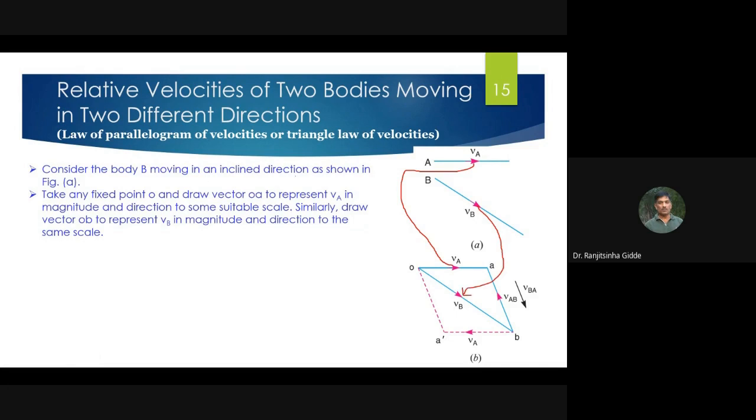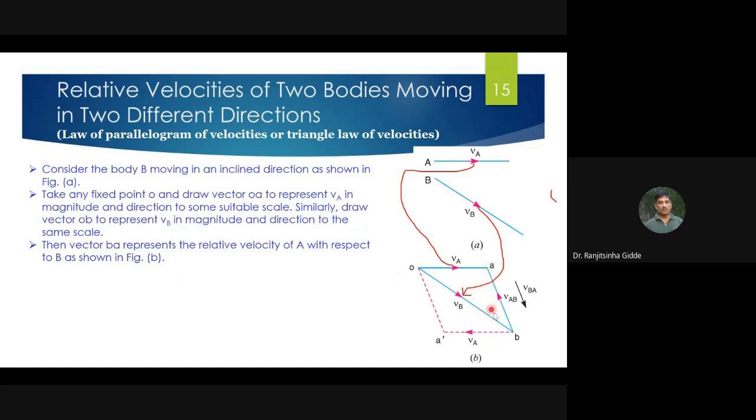Okay. So one vector we have drawn parallel to VA. One vector we have drawn parallel to VB. Initially you drew these two vectors. Right?